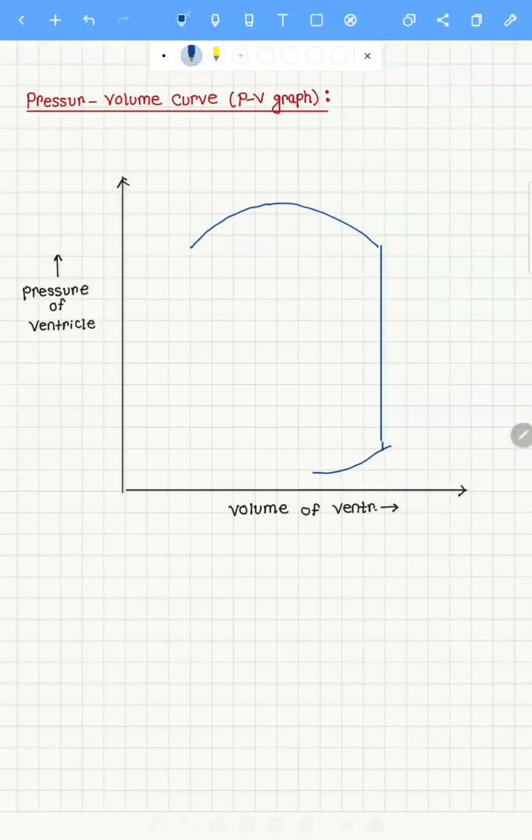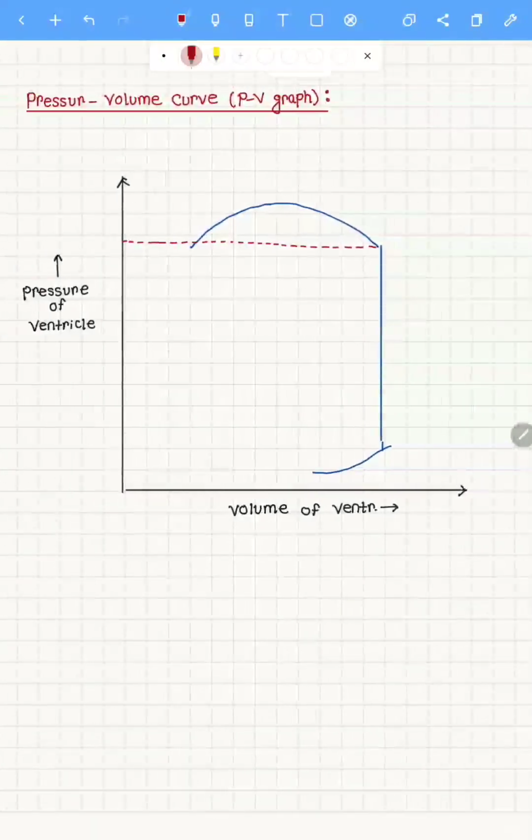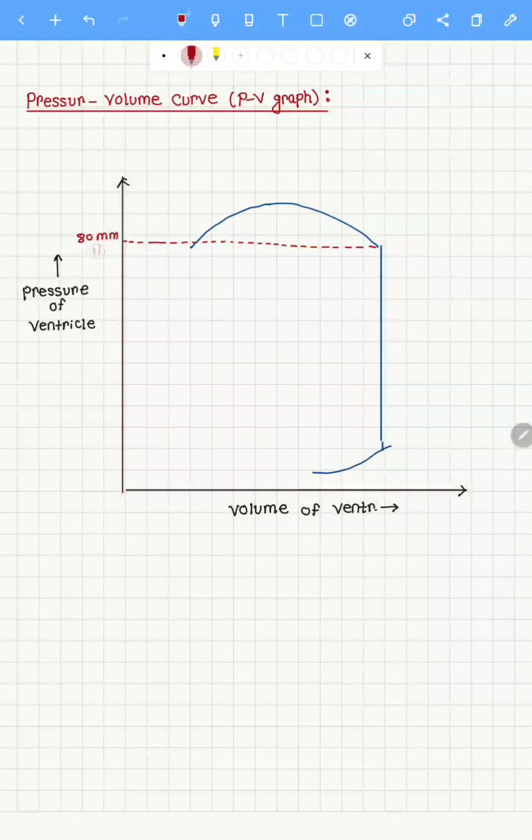So this is the line which marks the pressure of 80 mmHg. Now after the slow ejection phase, we had the isovolumetric relaxation phase.